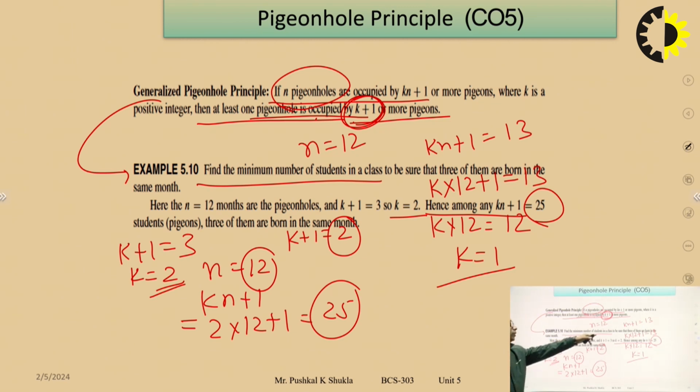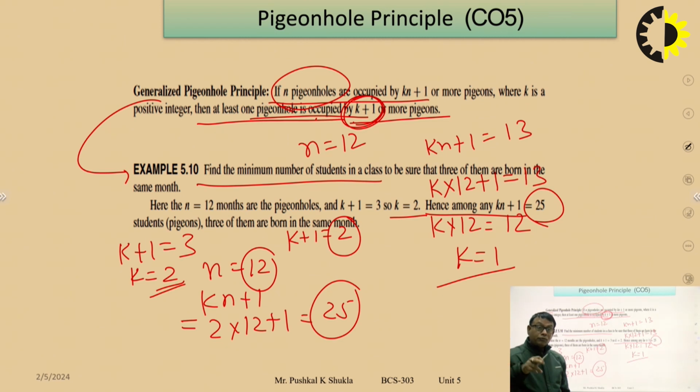So the minimum number of students is 25 in a class, to be sure that 3 of them are born in the same month. In the worst case, what will be there? Suppose 12 students are born in different months in the worst situation. Again 12 students are born in different months, then 24.